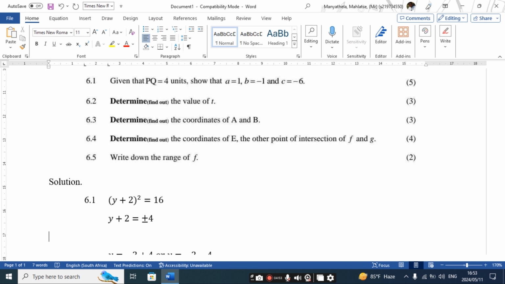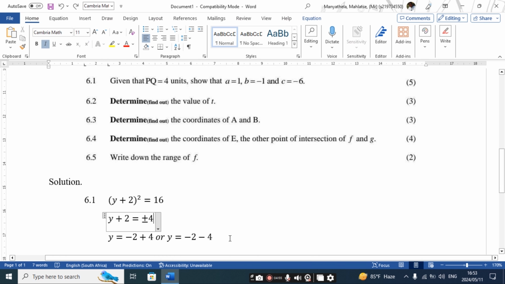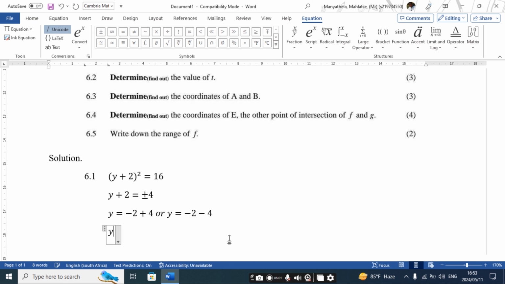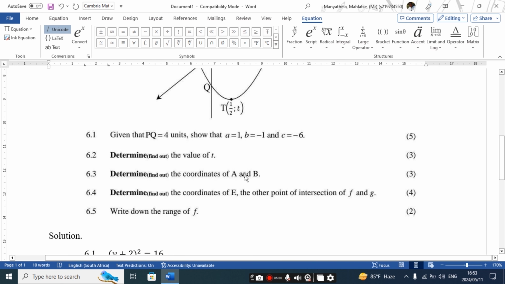Let's add them. Okay, y will be equal to minus 2 plus 4, which is positive 2, or y will be equal to minus 2 minus 4, which is minus 6.